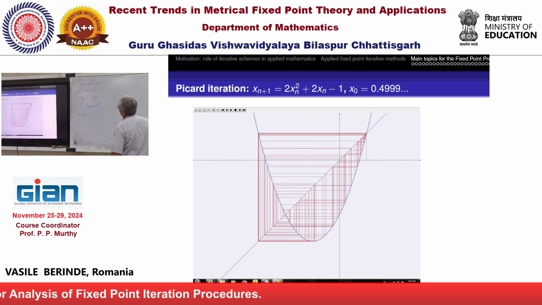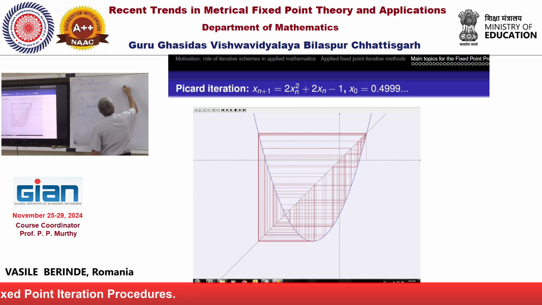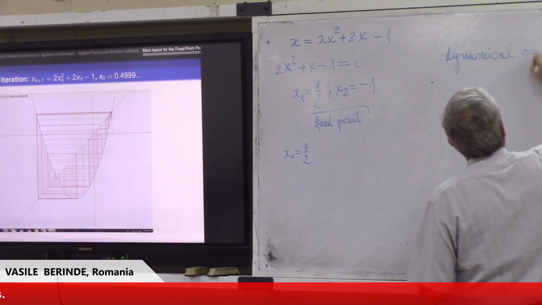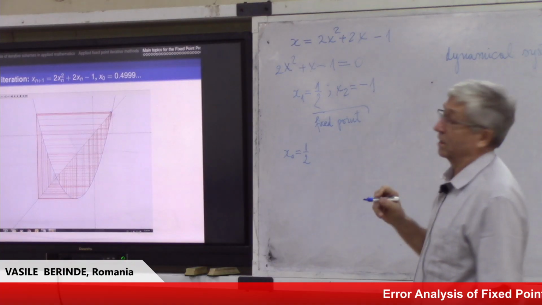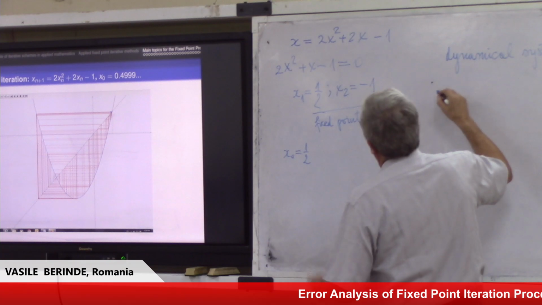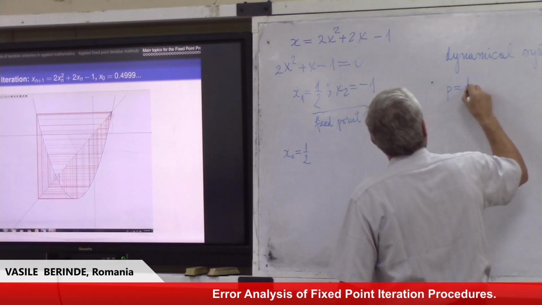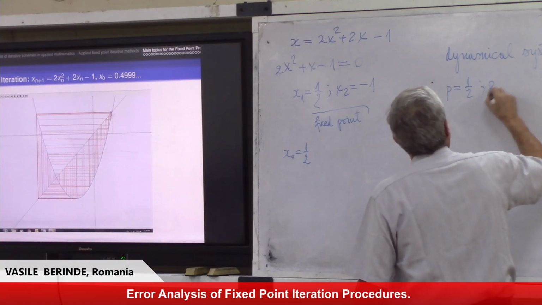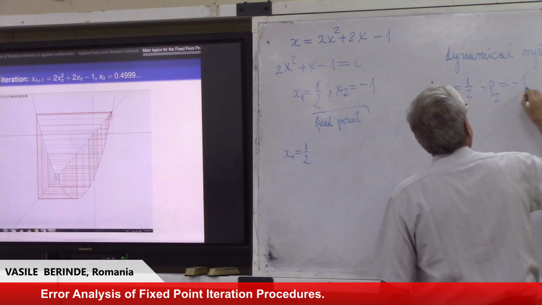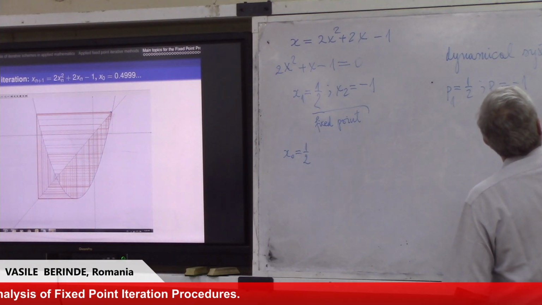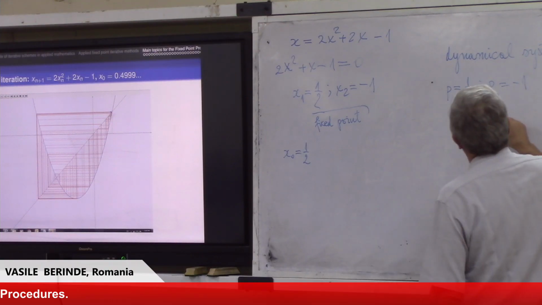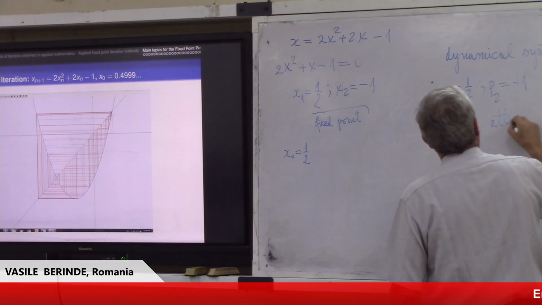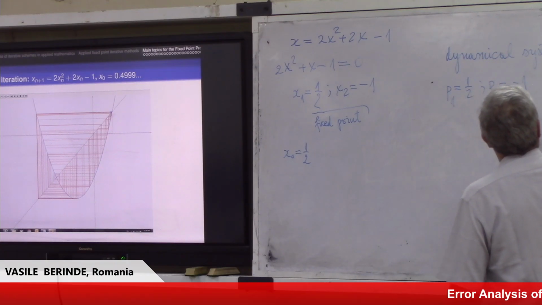In fixed point theory in dynamical systems, if you are familiar with them, where fixed points are extremely important, essential, the fixed points 1/2 and minus 1 are repelling fixed points. And we also have the notion of attracting fixed points.